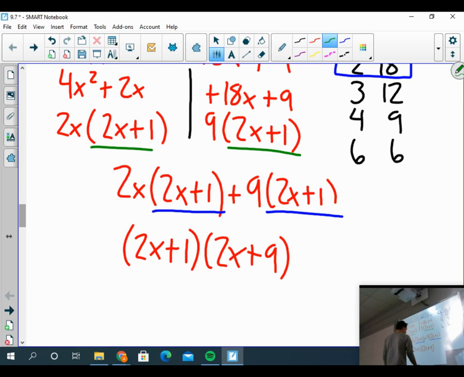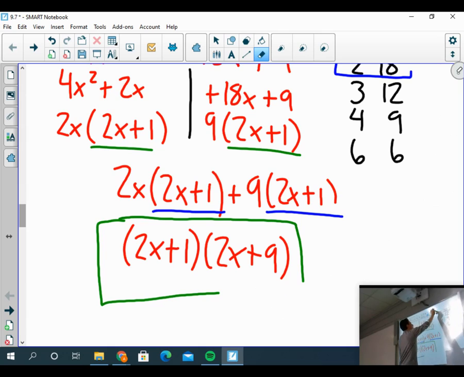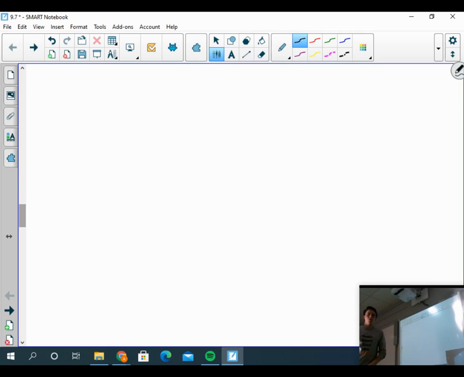And again, by factoring the traditional method, we quickly see that this was indeed not a perfect square trinomial. Otherwise, these factors would have been identical. Okay, so be careful. If you do not have a perfect square trinomial, watch out. Make sure both those criteria are met before you try and take that shortcut.